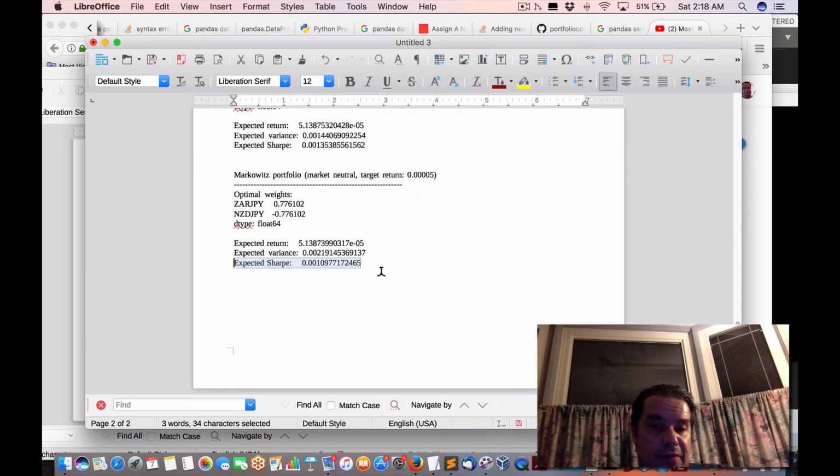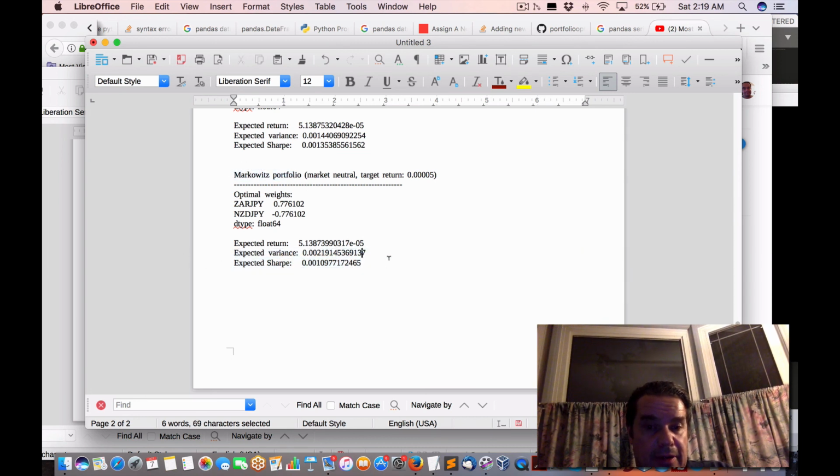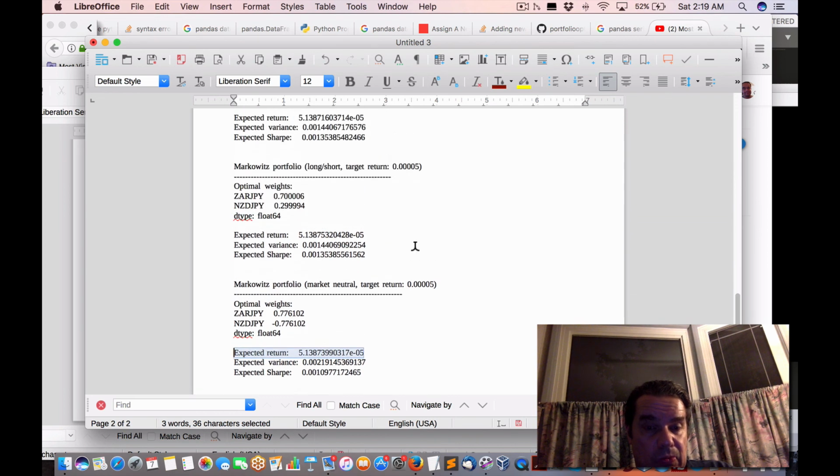So if I'm not mistaken, this may be your best market neutral for Markowitz because that gives you the highest expected Sharpe. So here's our mix on what we need to do on our portfolio, I believe. Yeah, and then this should be our expected return.